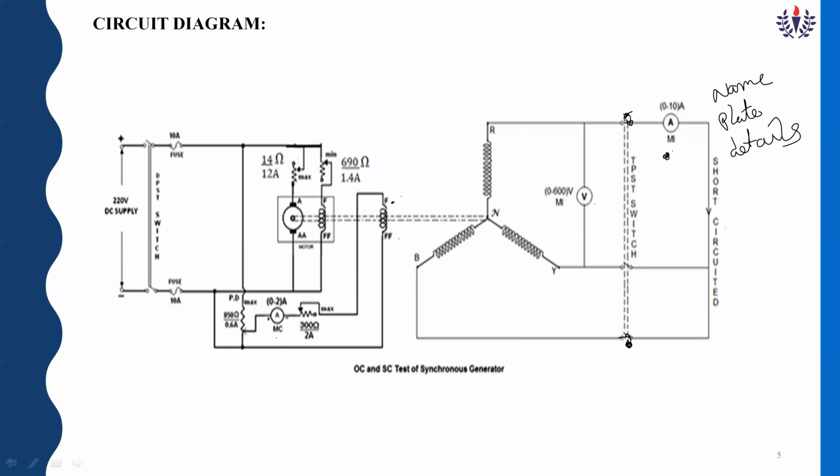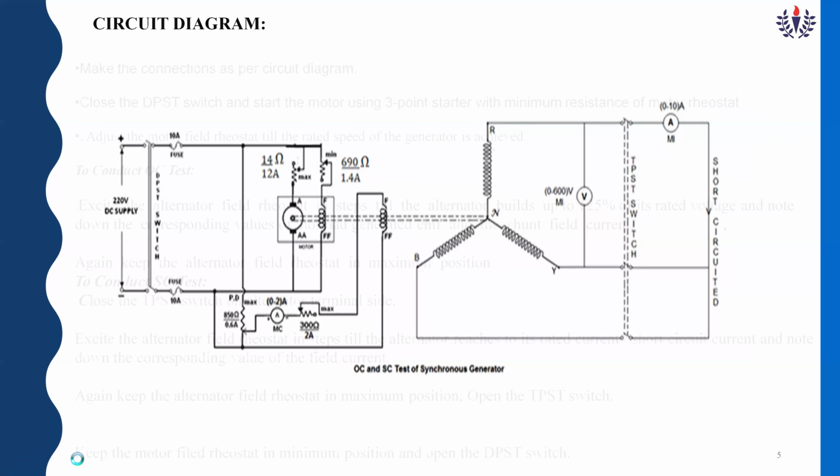So I will excite my alternator in such a way that I get my rated current. When I get my rated short circuit current, I have to note down the rated current, short circuit current, and excitation current. That is what you will be doing in your SC test.